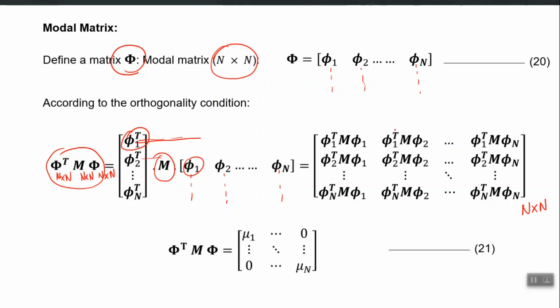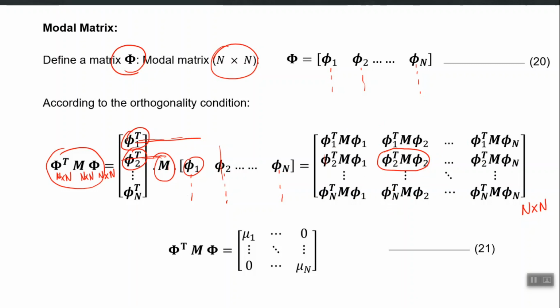Similarly the second entry will be phi 2 transpose, the second row, times the mass matrix times the second column. This becomes phi 1 transpose M into phi 2, second column meaning phi 2. Similarly the 2 by 2 entry will be the second row, M, times the second column, so it will be 2 and 2. Each entry in this n by n matrix can be worked out this way.